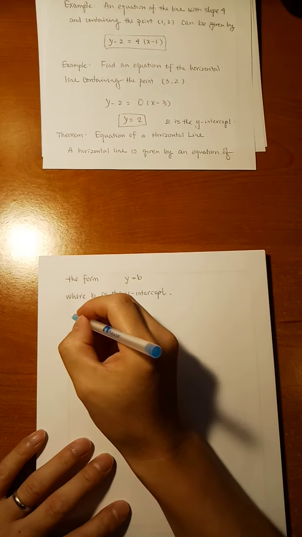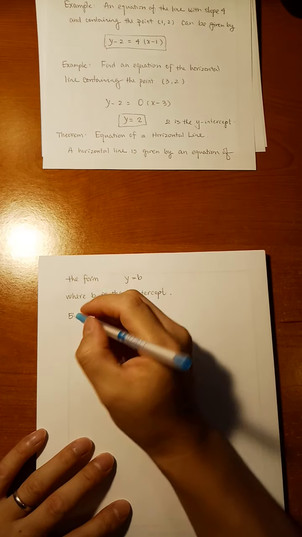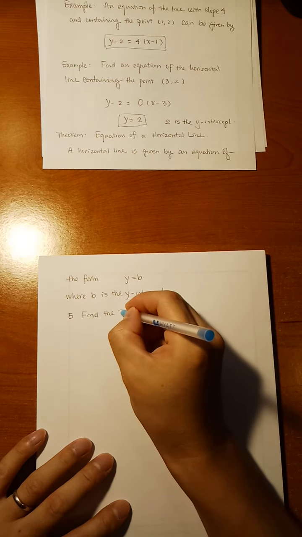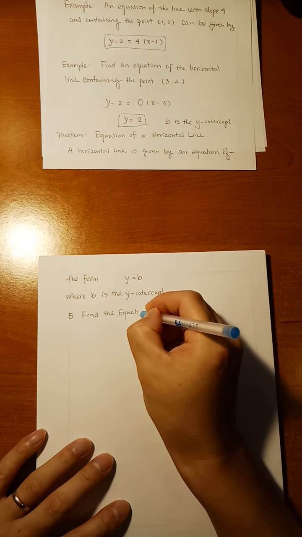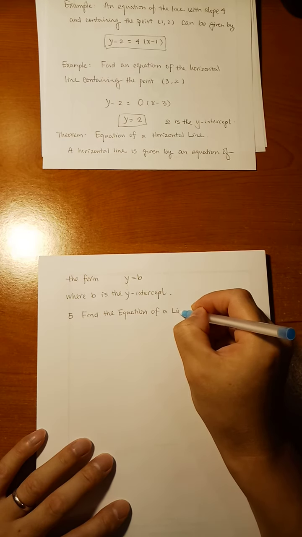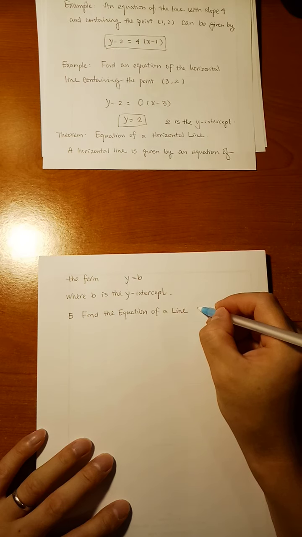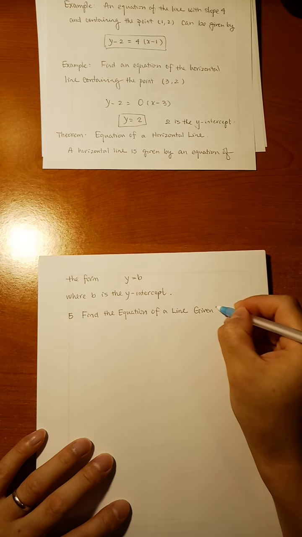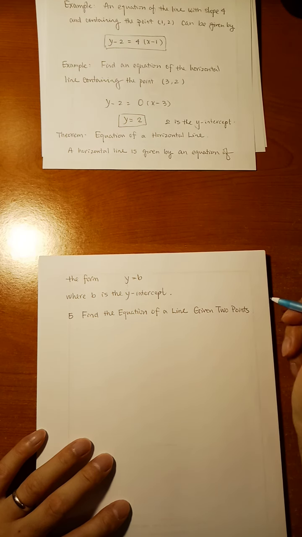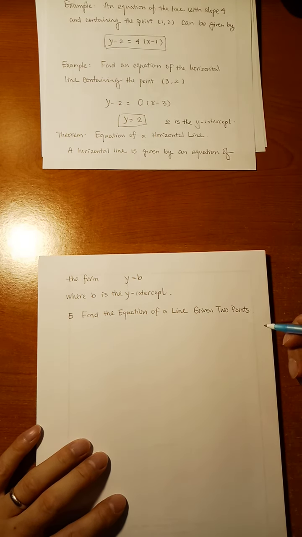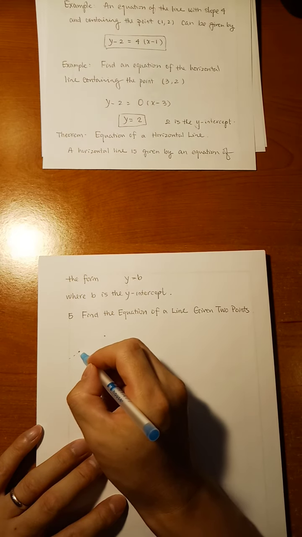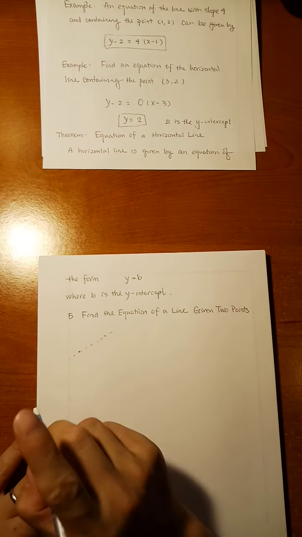Okay, so let's see part 5. Find the equation of a line given 2 points. Remember at the beginning of this section we mentioned arbitrary 2 points will determine a line uniquely.